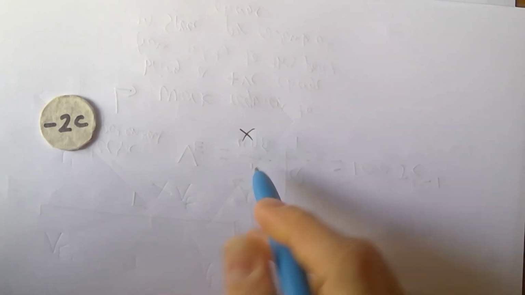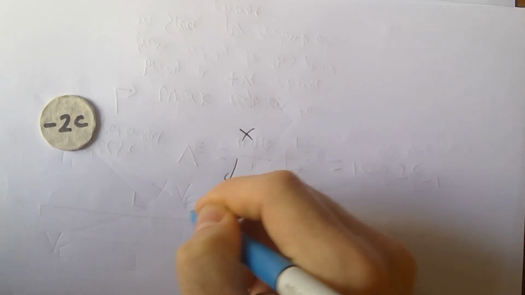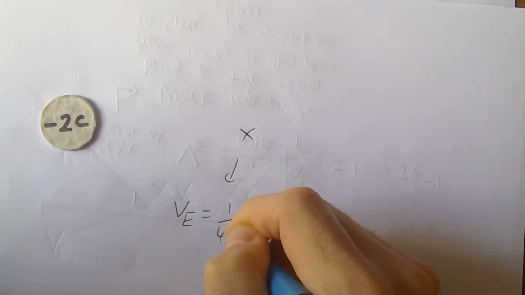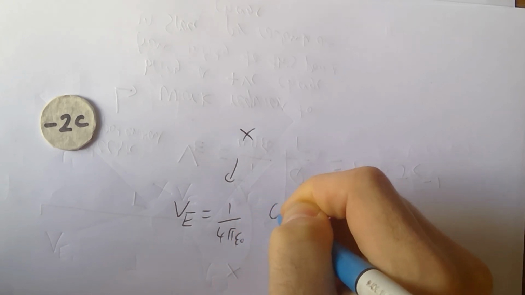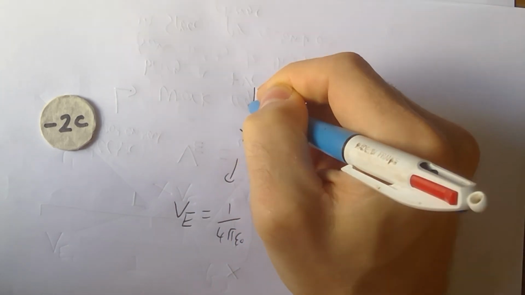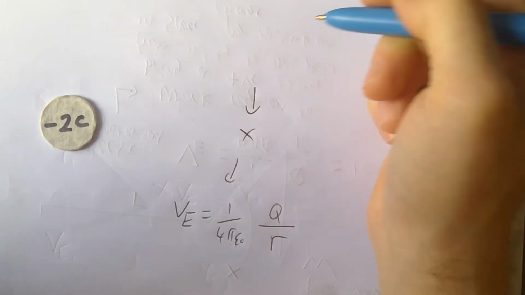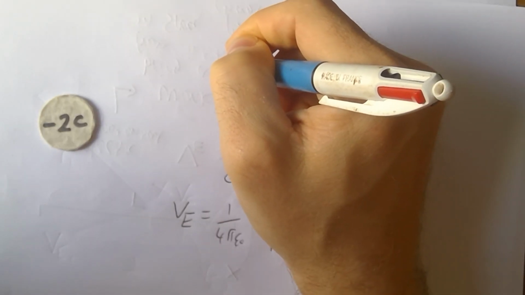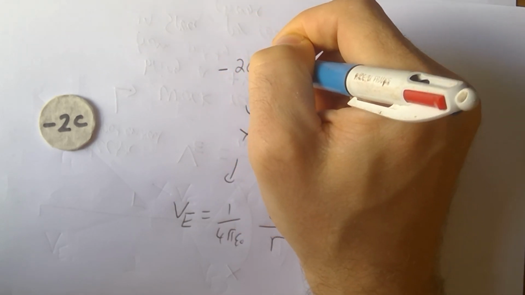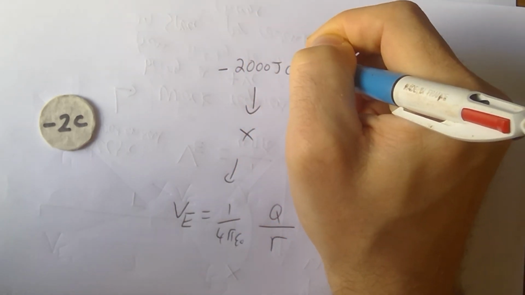So if I consider a point in space here, VE does equal 1 over 4 pi epsilon naught Q over R. But here, this is going to give you a negative potential. Let's say, for example, minus 2,000 joules per coulomb.